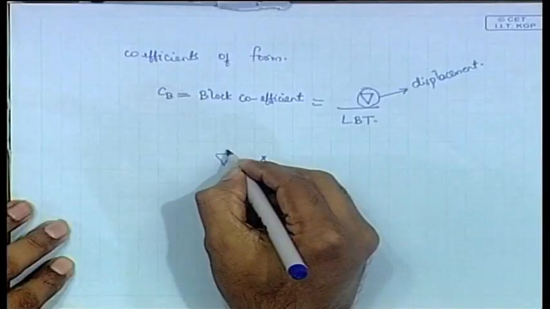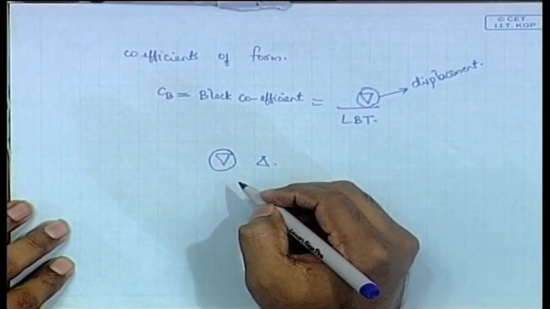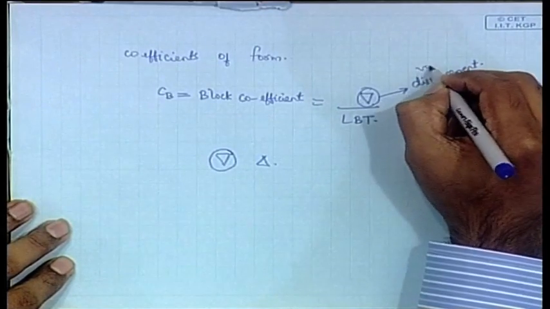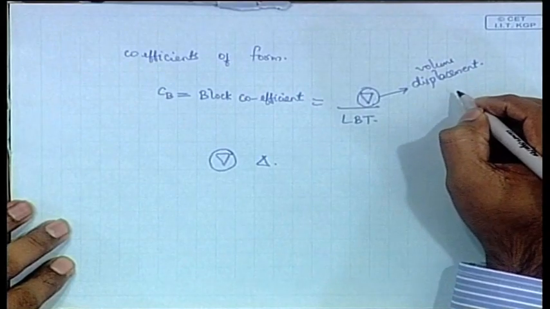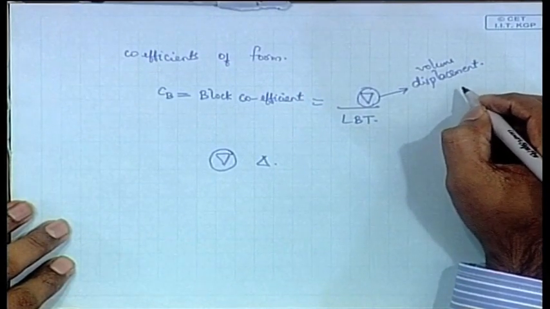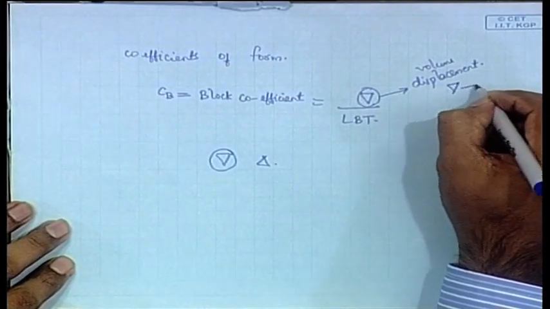The volume of liquid displaced when the ship goes in is given by this volume del. That is known as the volume of displacement. And this symbol, which you might have used in mathematics, or will see in later courses, is known as the del operator.